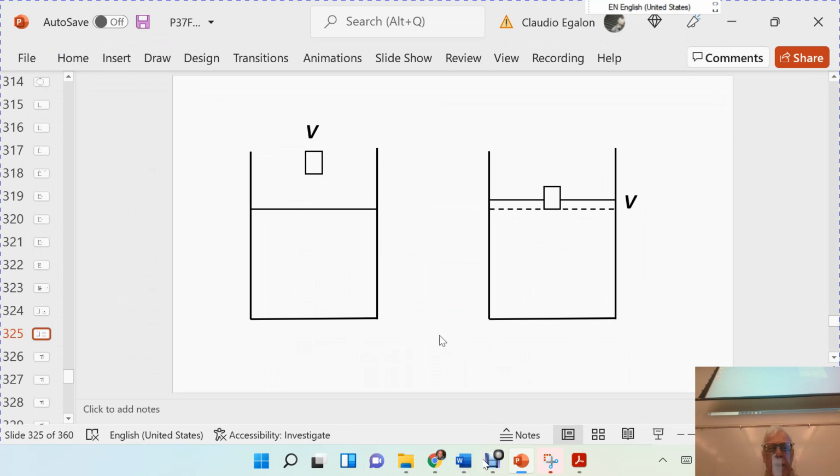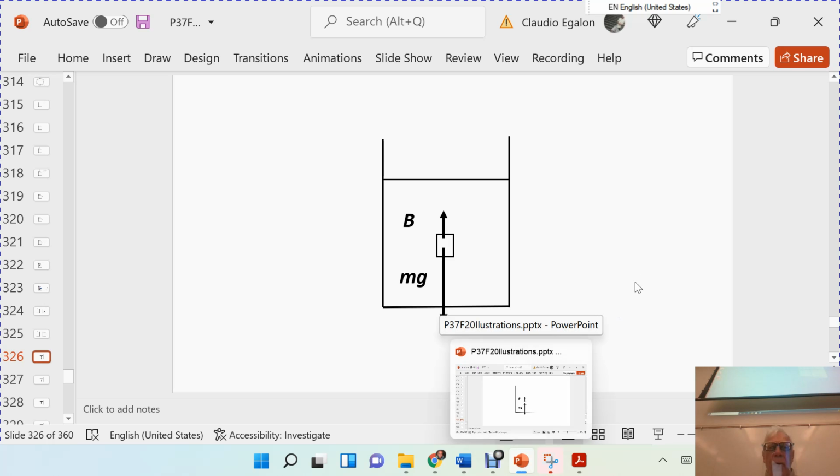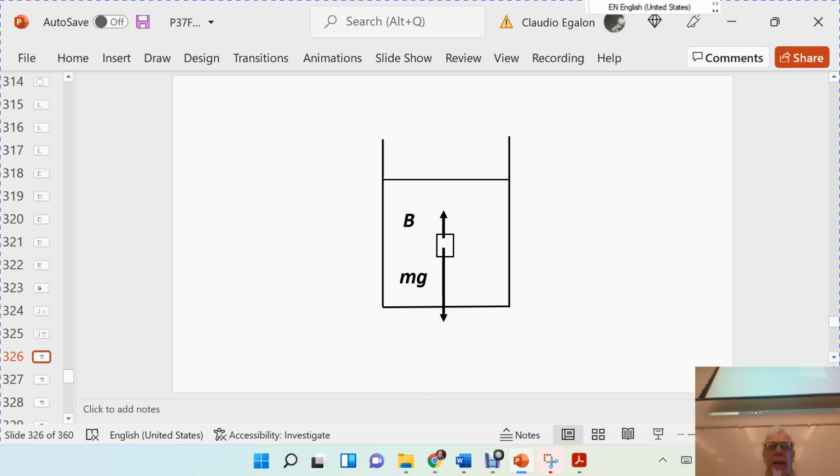Think about that, right? What time is that? 6:20. Okay, we have time. So here you go. We have this situation here. The object sinks. If the object sinks, what does it mean? It means that the weight must be greater than the buoyant force, right? Makes sense? So the condition for the object to sink is that mg must be greater than the buoyant force.